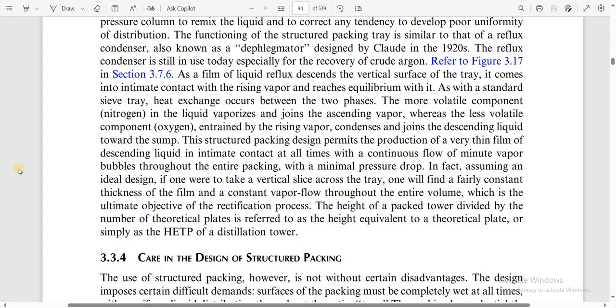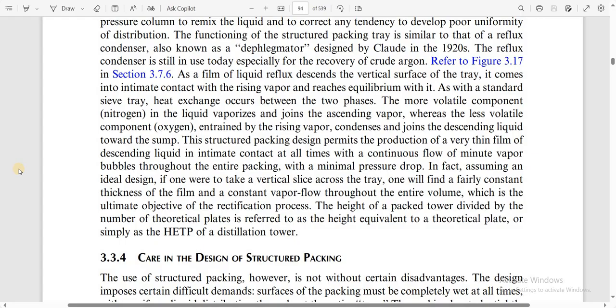This structured packing design permits the production of a very thin film of descending liquid in intimate contact at all times with a continuous flow of minute vapor bubbles throughout the entire packing with a minimal pressure drop.